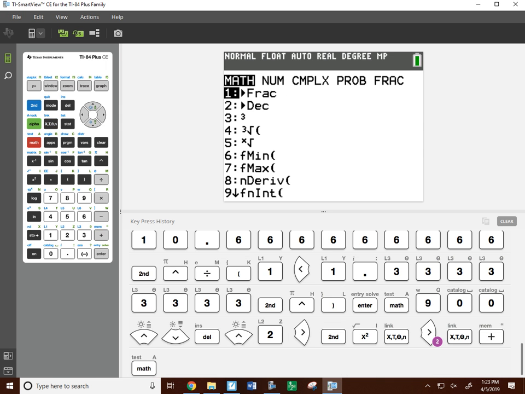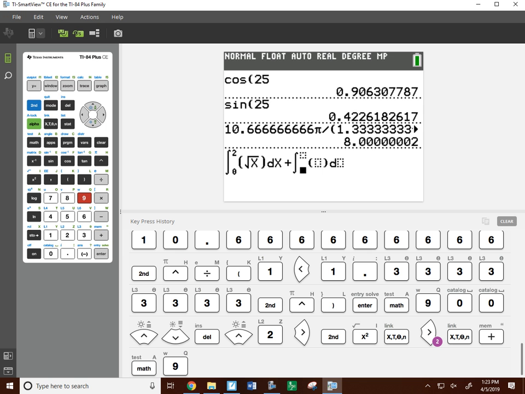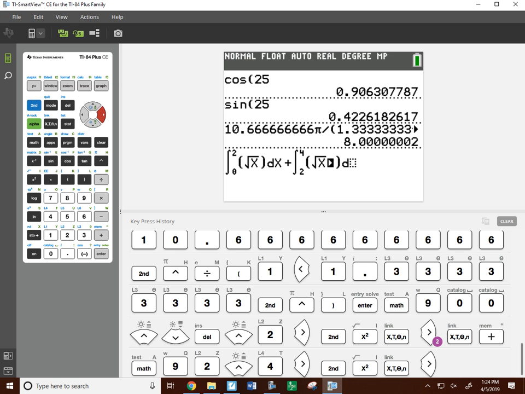So plus another math 9. This time it's 2 to 4. And the second one is also square root of x, minus the x minus 2. So let me go ahead and distribute. It'll be negative x and then plus 2.